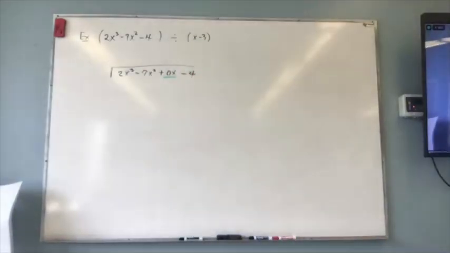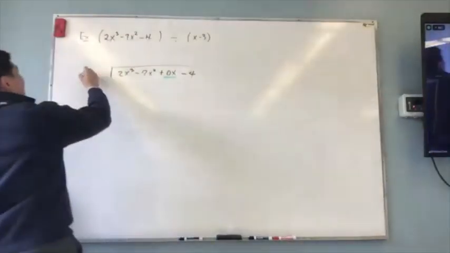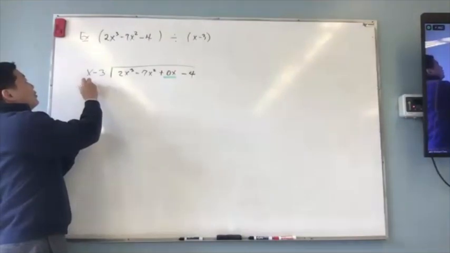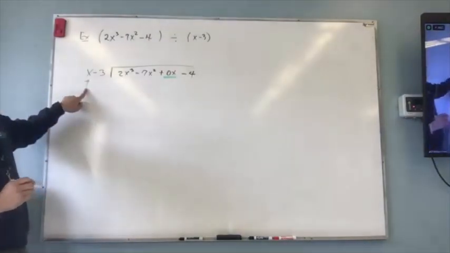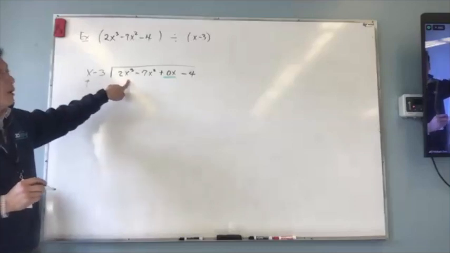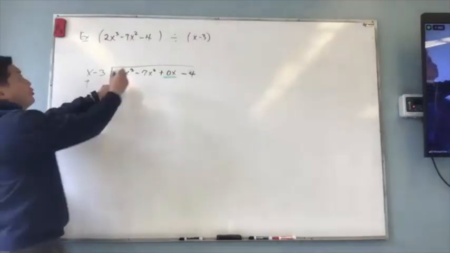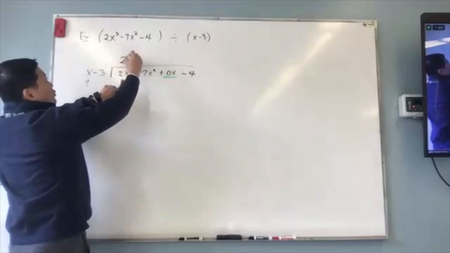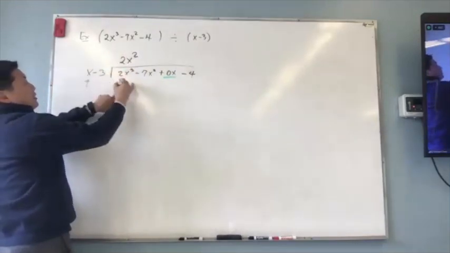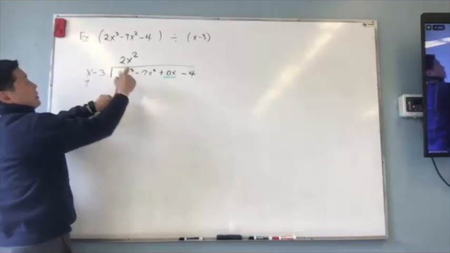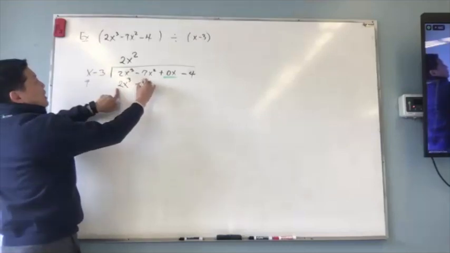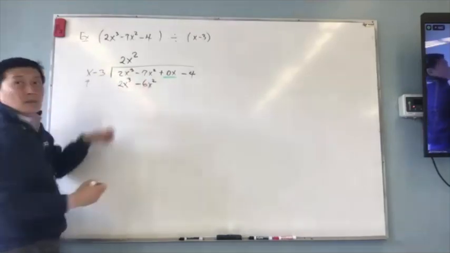And then you put the x minus 3 in front right here, and then you say, okay, this is the lead term x. Your lead term right over here is 2x cubed. So if you put 2x squared here, that means 2x squared times x gives you 2x cubed. 2x squared times negative 3 gives you negative 6x squared.